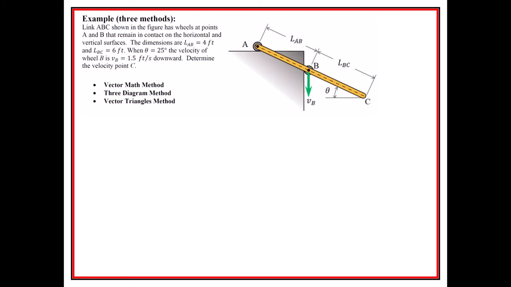If we just went straight forward and tried to get the velocity of C directly, we would quickly find that we needed to know the angular velocity of the piece. And we're able to find that angular velocity by analyzing points A and B first.